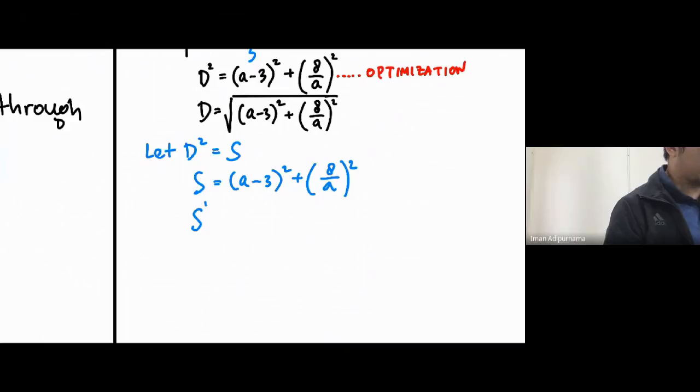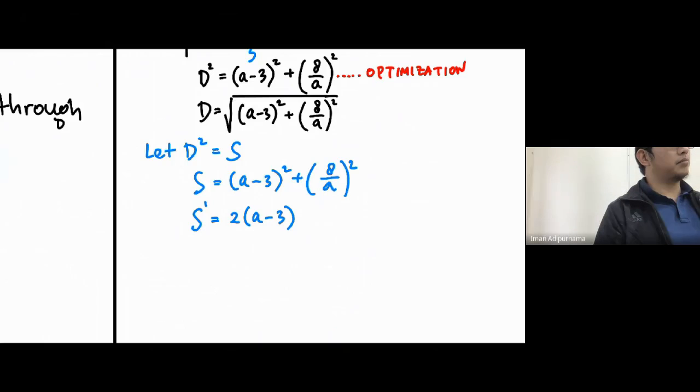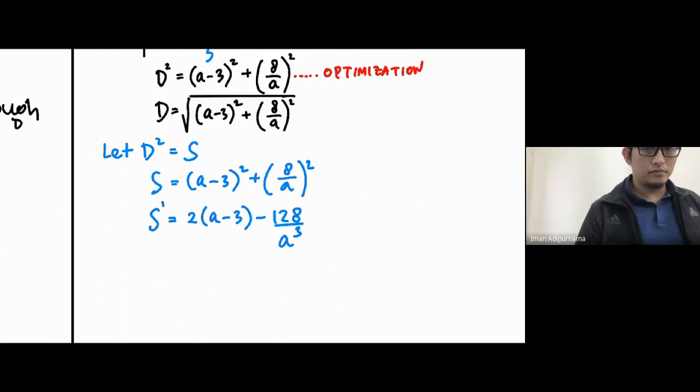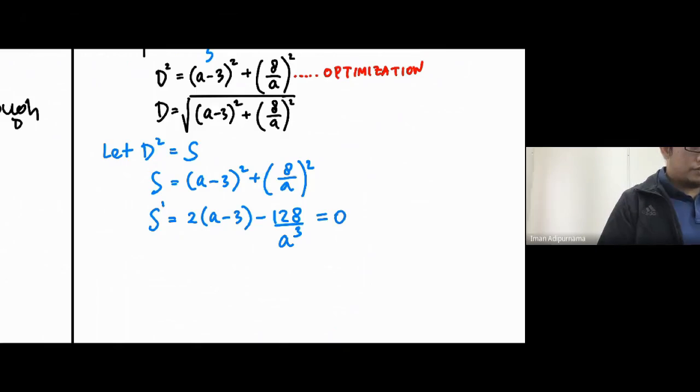So we can derive this, okay, so 2(a minus 3) plus the derivative of 64 over a squared, which is 64 multiplied by negative 2, right? So it will be negative 128 over a cubed, right? And then this should be equal to 0.